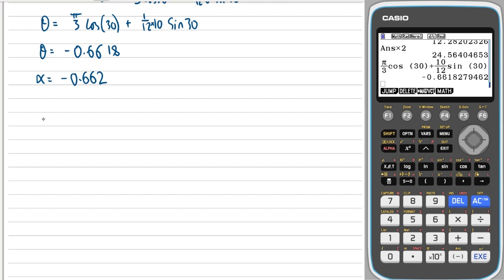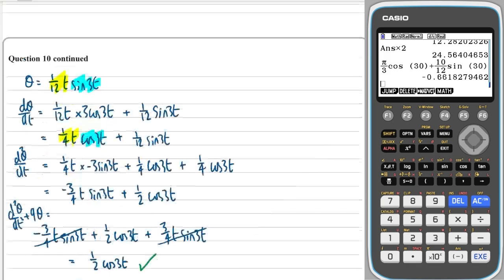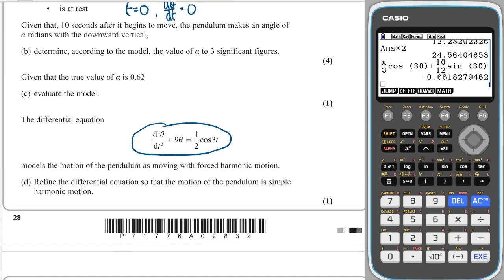So we can say that this is a good model at t equals 10, because that's the only bit of information that we have. And then it says that the differential equation models the motion of a pendulum as moving with forced harmonic motion.